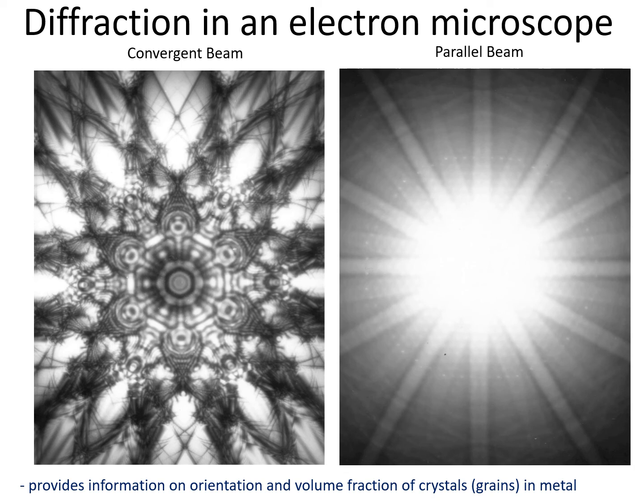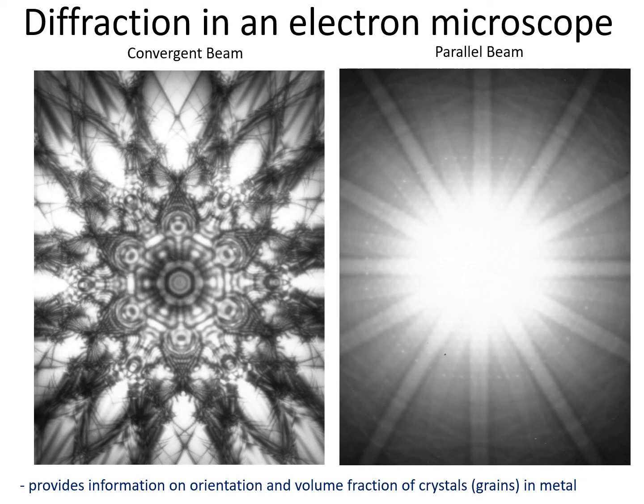Here's just a throwaway item to illustrate what diffraction can give you, what it looks like if you were to image it in an electron microscope. In this case, this shows a convergent beam, which is closer to the case of the X-ray system, where we don't have parallel beams, we have a non-parallel beam.